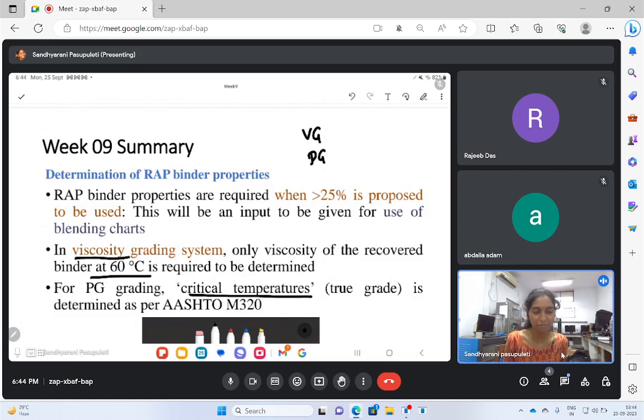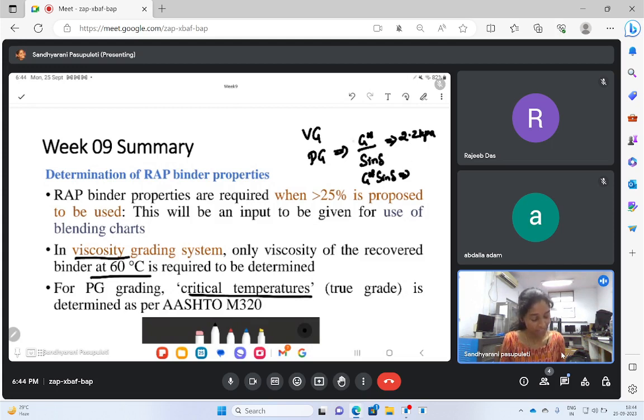When I say critical temperature, it is the exact temperature at which the Superpave specification is met, let us say G star by sin delta for rutting, and also G star into sin delta for cracking. So it should be 2.2 kilopascals if we test the RTFO samples, and it should be 5000 kilopascals.